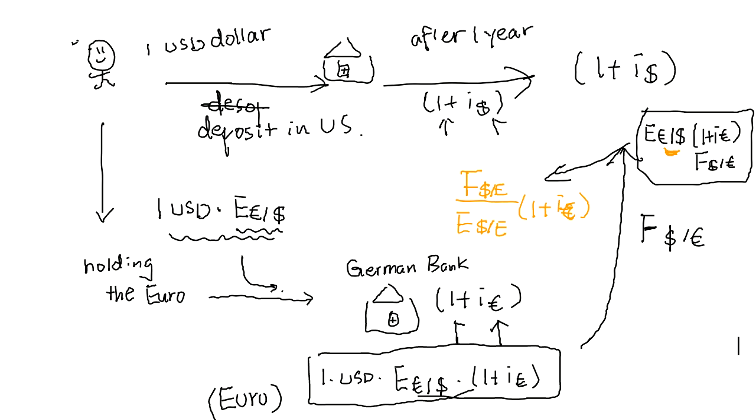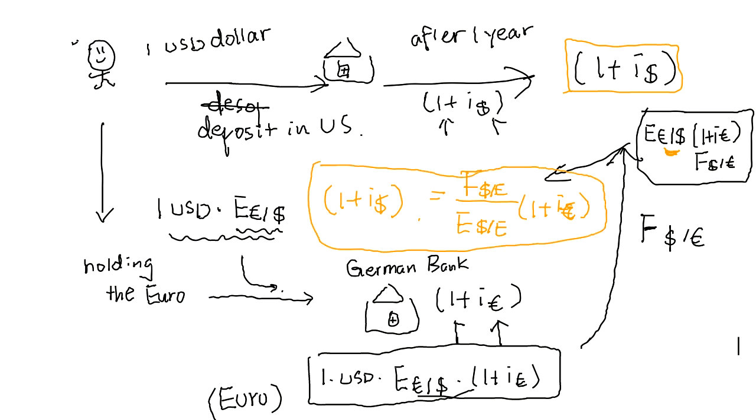So the return you get in the U.S. market is supposed to equal the return you get if you decide to convert your money twice. So this is the meaning of the covered interest parity.